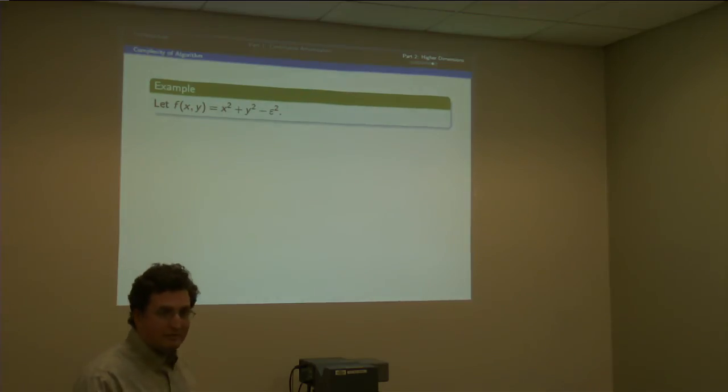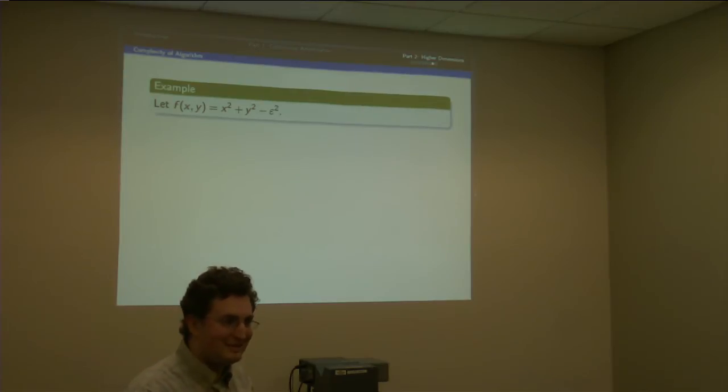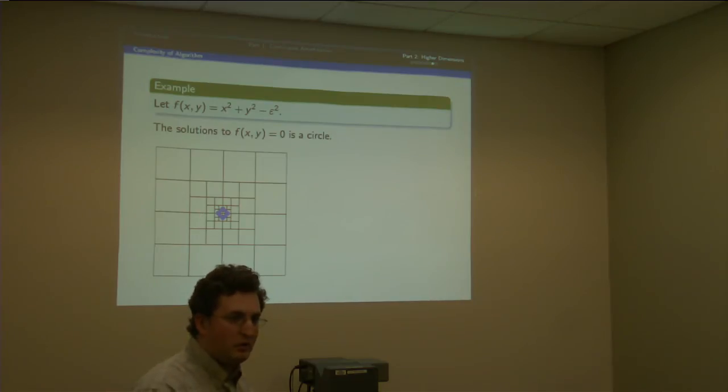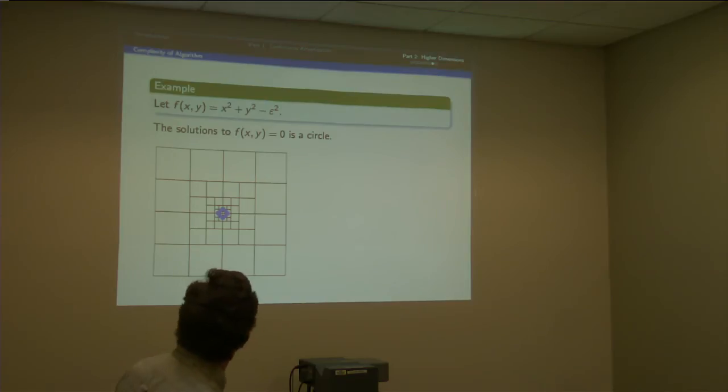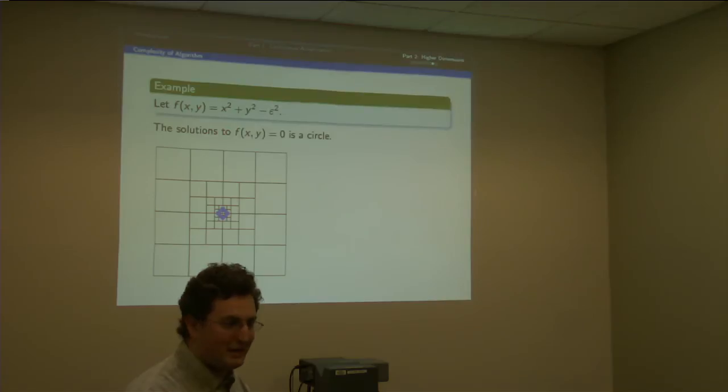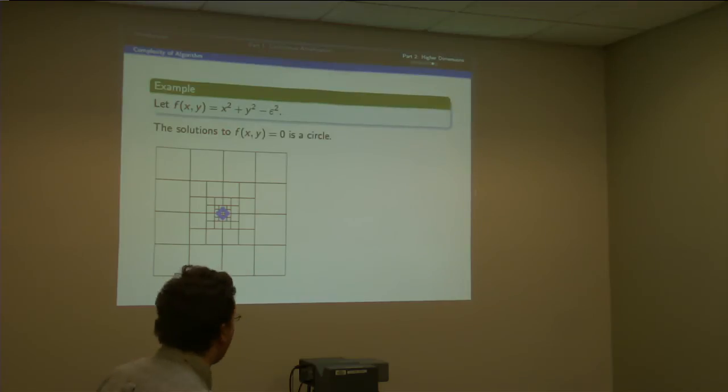What if I go to this one? Now this one is a circle. Okay, so I get this. Now I could do a bigger circle, but it didn't look as good, because if I do a big circle with a big radius, I don't get many boxes because it's easy.